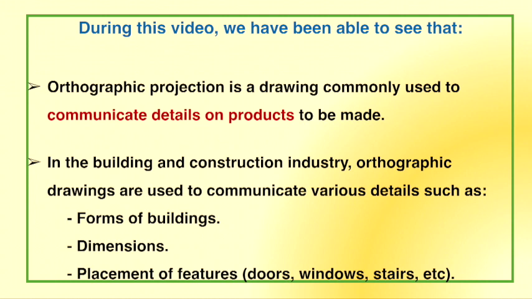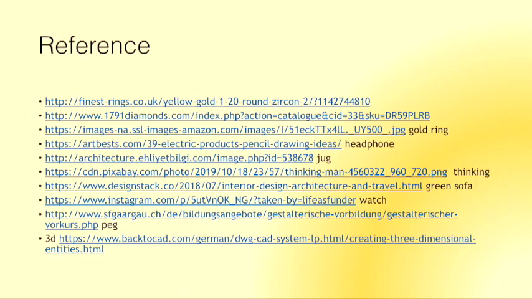In the building and construction industry, orthographic drawings are used to communicate various details such as forms of buildings, dimensions, and placement of features, for example, doors, windows, stairs, etc. This is the end of our introduction of orthographic projection.